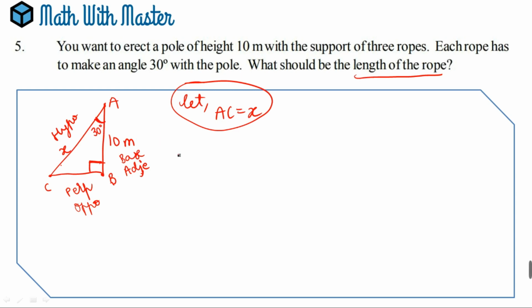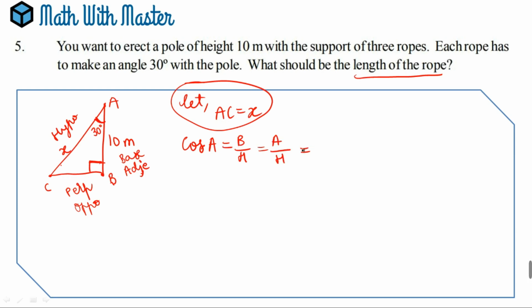So we should find X, and we know the value of AB, which is base. So we can do base with hypotenuse, which is cos theta, or we can do hypotenuse upon base, which is sec theta. We can do it both ways, but we will use the common trigonometric ratio over here, which is cos theta. So we will write cos A is equal to base upon hypotenuse, which is also equal to adjacent upon hypotenuse.